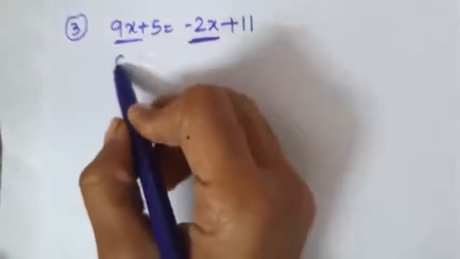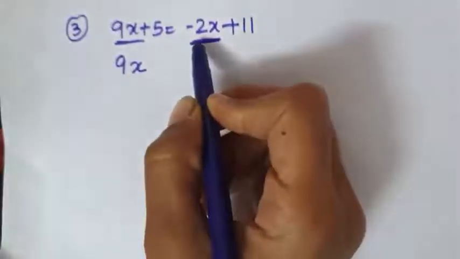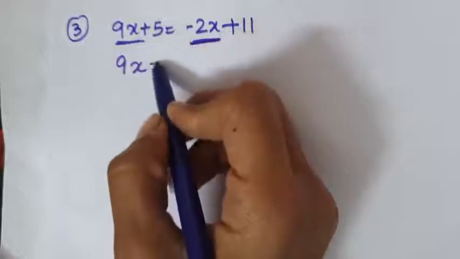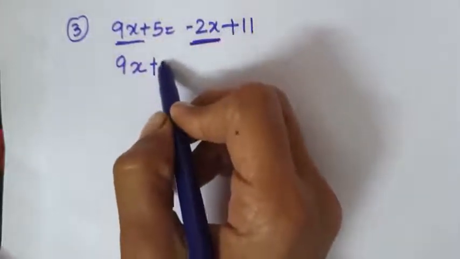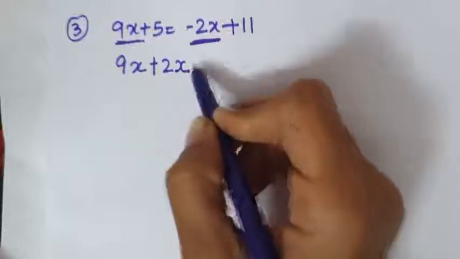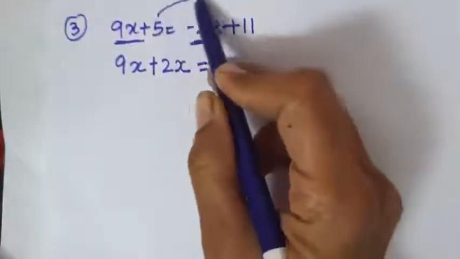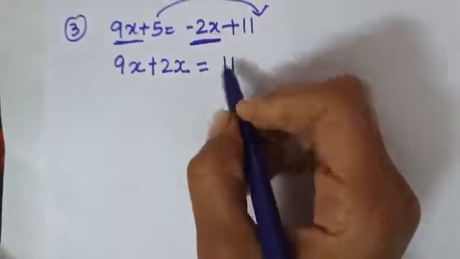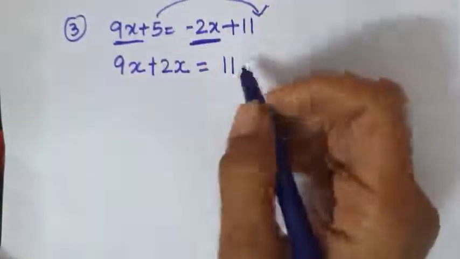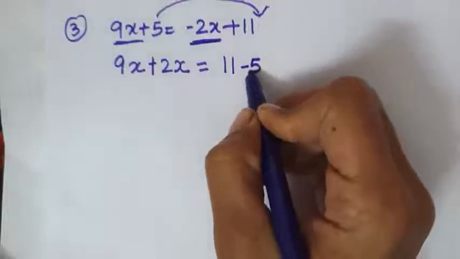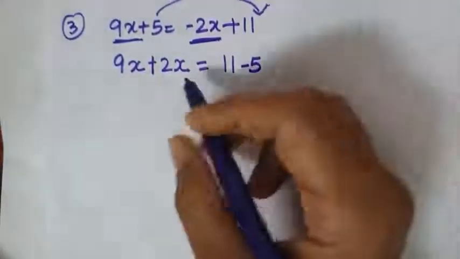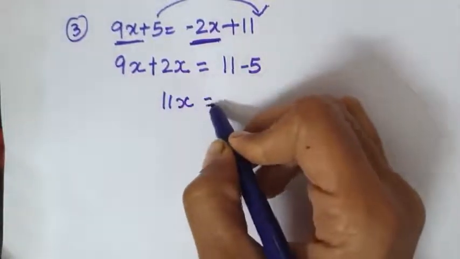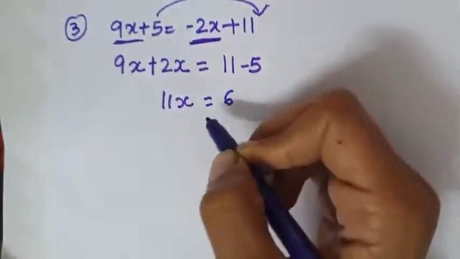That is 9x. Now we have to shift this minus 2x, and on shifting it will get added. Now 5 we will shift to that side. So for 11, 5 is getting added, so it will get converted into negative. So what we get? We get 11x is equal to 6.